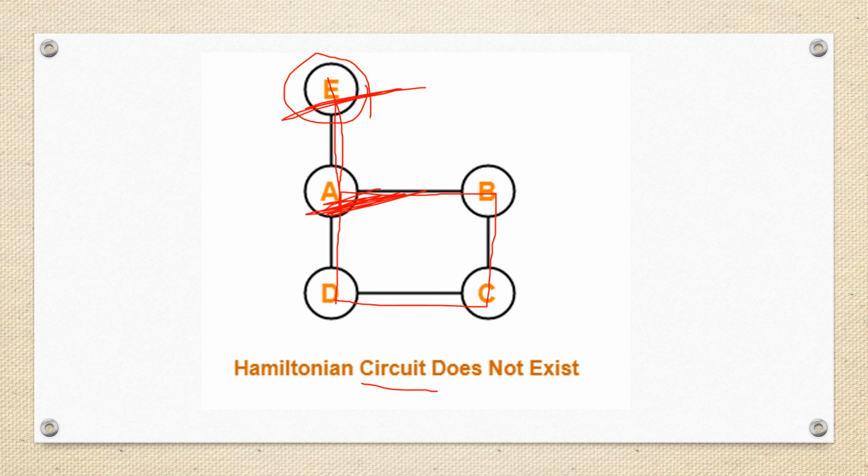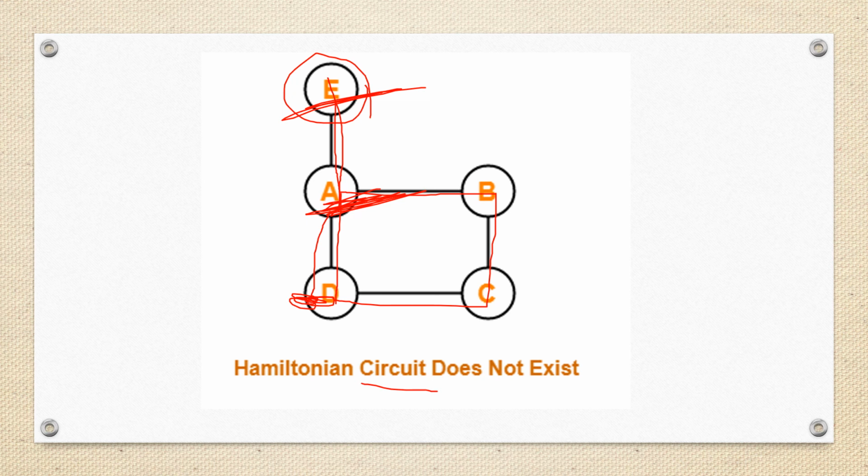Kasi mag-start ako sa E, and then mag-e-end ako sa E. Kaya lang, para makapunta ako sa E, galing sa D, kailangan kong dumaan sa A. So, nagamit ko yung A ng 2 beses. Kaya, it's not a Hamiltonian circuit. Yung ginawa ko is not a Hamiltonian circuit.